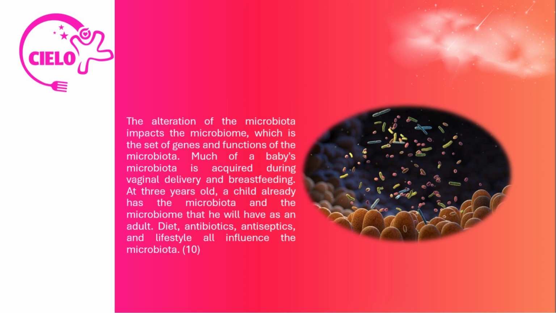The microbiota, which includes the microorganisms inhabiting the gut and the set of genes that make up its microbiome, is primarily formed during birth and breastfeeding. Its composition can directly influence metabolism and the risk of developing obesity.